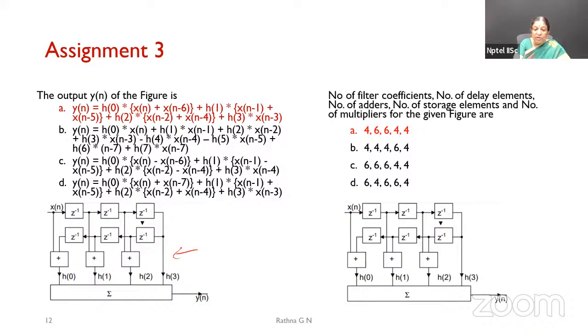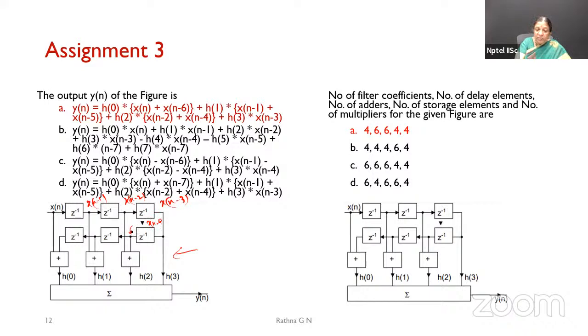Then h of 1 is multiplied with x of n minus 1 plus x of n minus 5. Then h of 2 is multiplied with x of n minus 2 plus x of n minus 4. So it is an even symmetric filter basically. Sorry, the middle term is h of 3 in this case, so h of 3 into x of n minus 3 will be the last one.